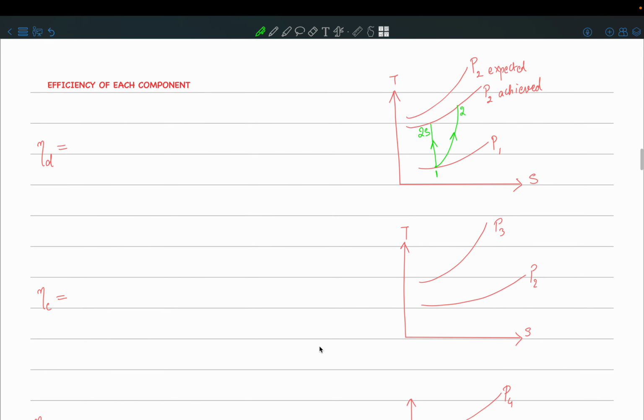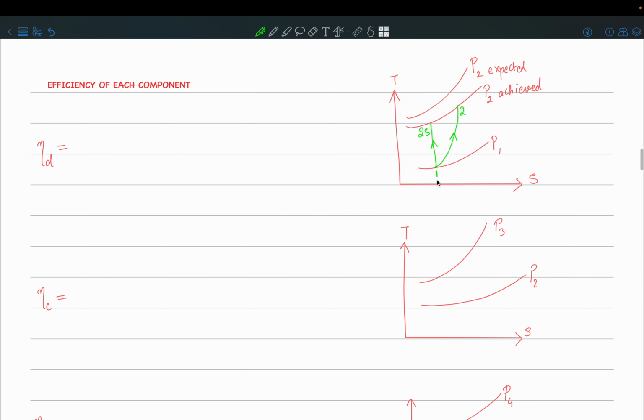Okay, so now you guys have to help me out with these definitions because they have been discussed in the lectures, and I hope you have watched the lectures. So we'll discuss the efficiency of each component. First, the efficiency of the diffuser. Like we discussed, in an ideal situation, in a diffuser, the fluid should be compressed in an isentropic manner.